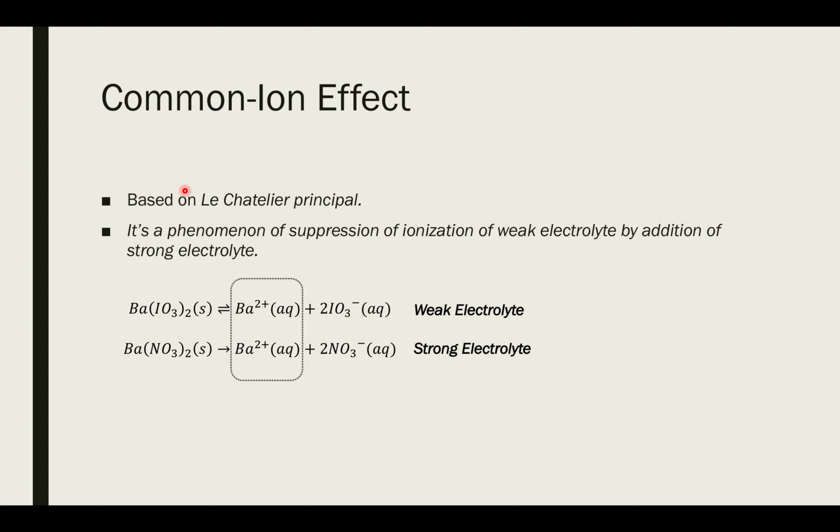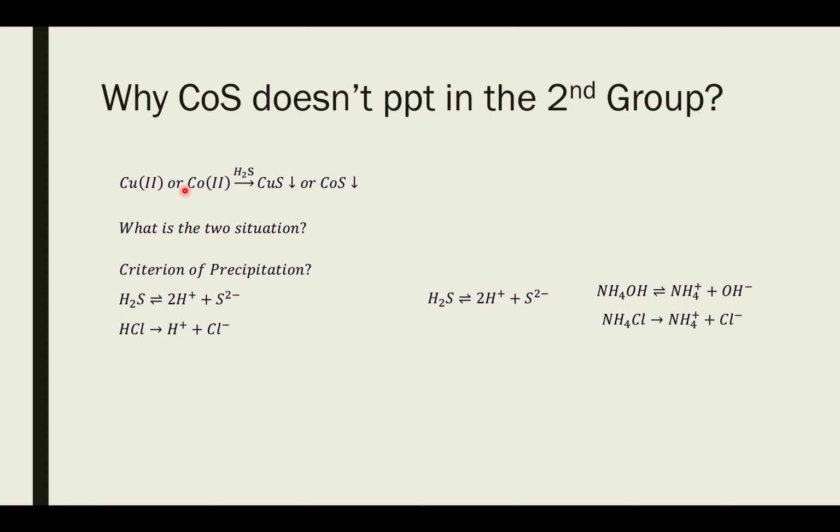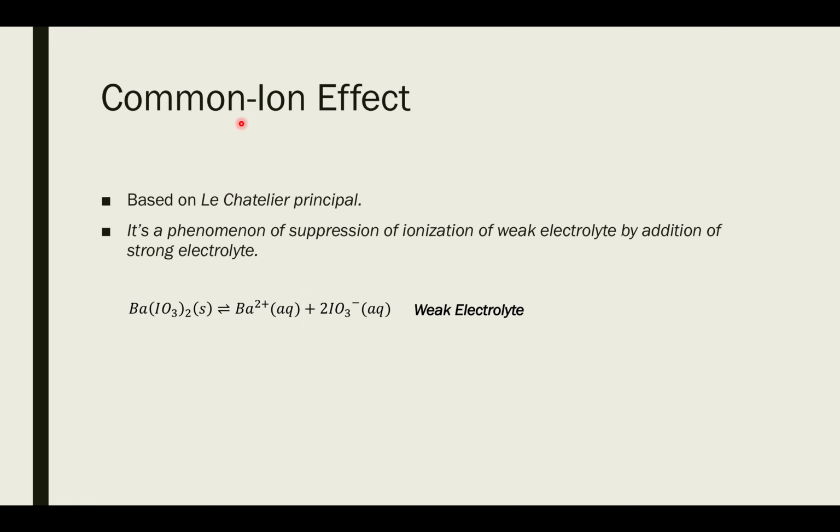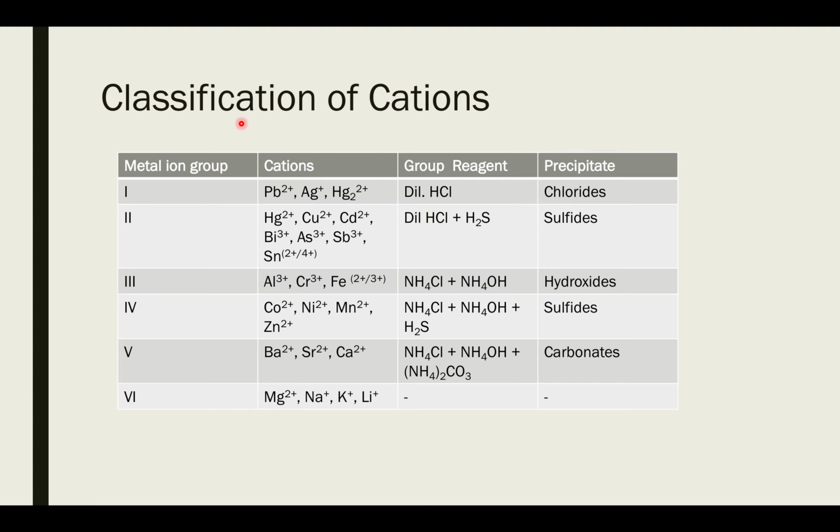Now let me tell you how, on the basis of this solubility product and the common ion effect, we can define the classification of various metals into various groups. So let me go back to the table of grouping.